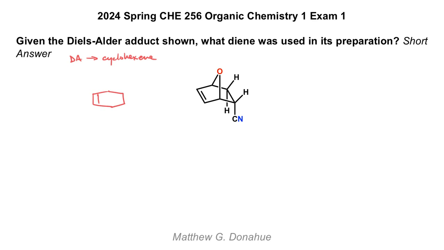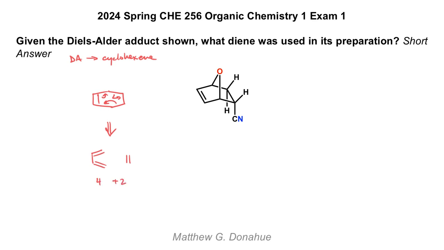And when you're thinking in the retrosynthetic sense, backwards, the bonds are going to move like that. So you can get your diene and then your dienophile. And so that's your 4 plus 2.